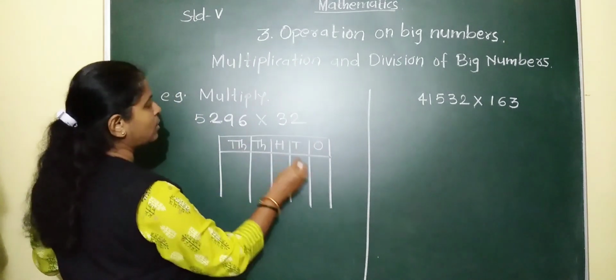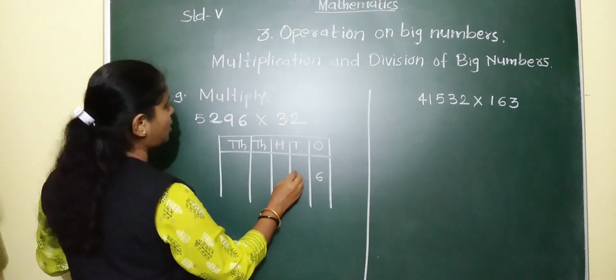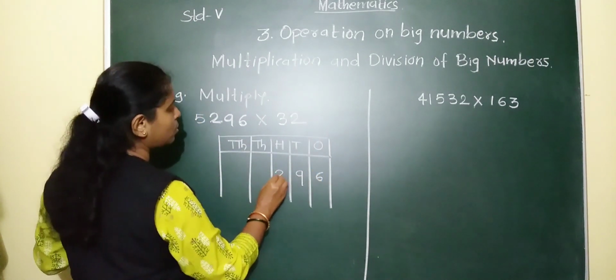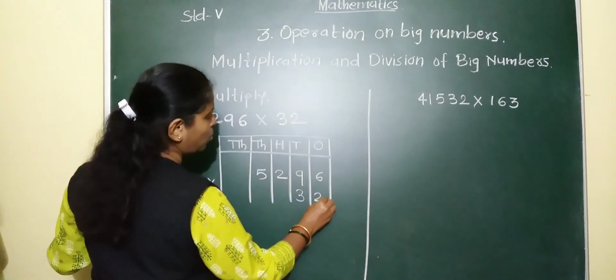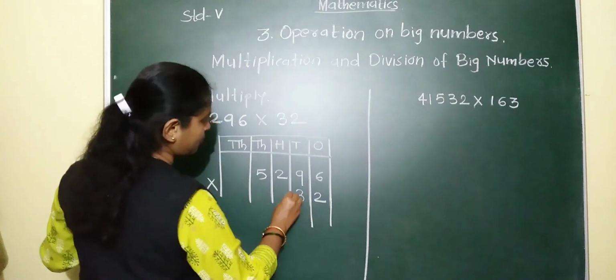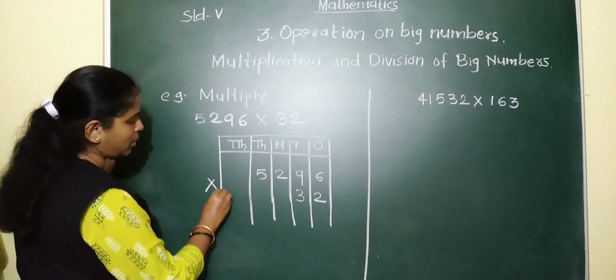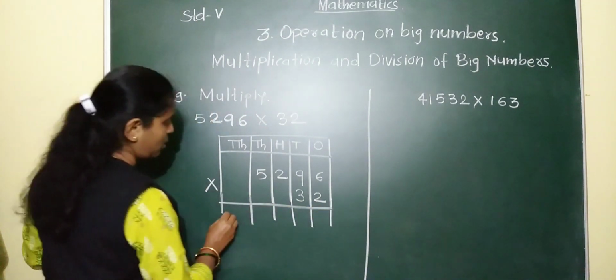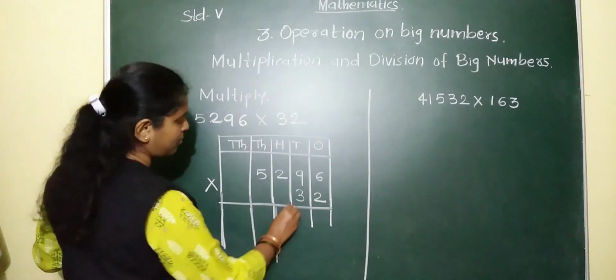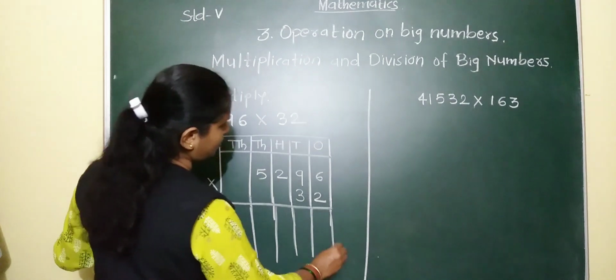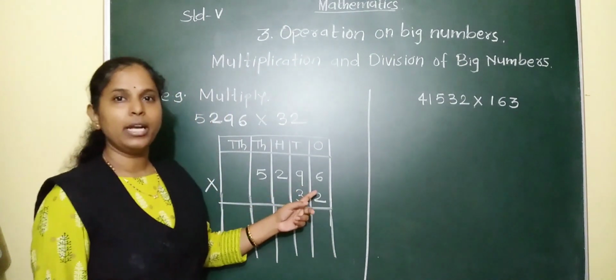Okay, see here, 6, then 9, 2, 5. Okay, multiply by 32. Okay, then see here how to multiply. First we will multiply it by 2.